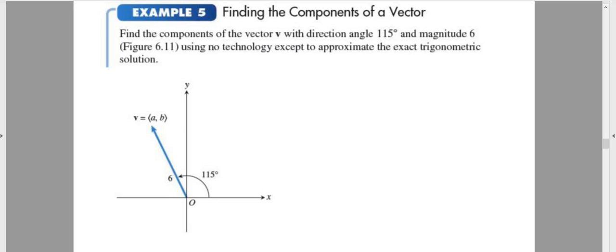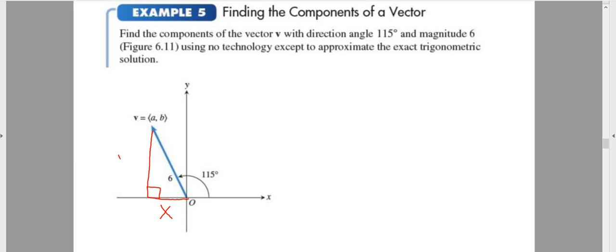Okay, so how do I find the components of this vector? Well, first of all, you need to draw 2 legs onto that. And that 6 represents the magnitude.